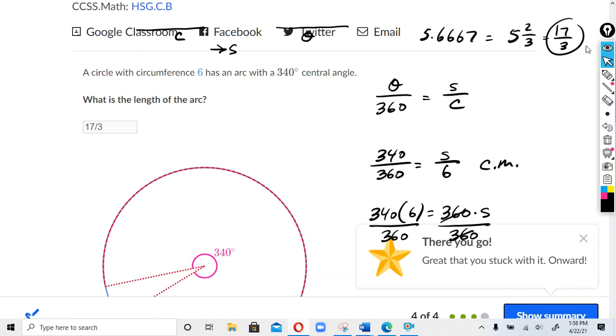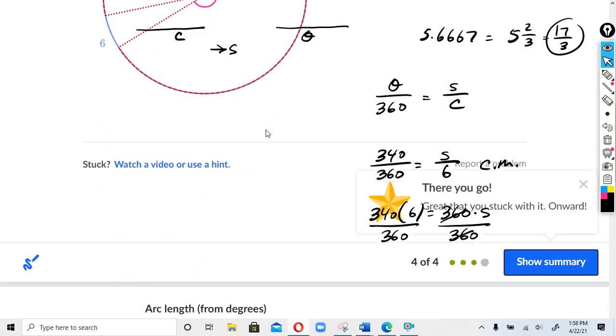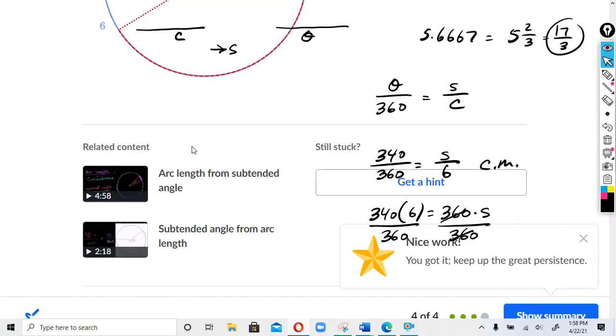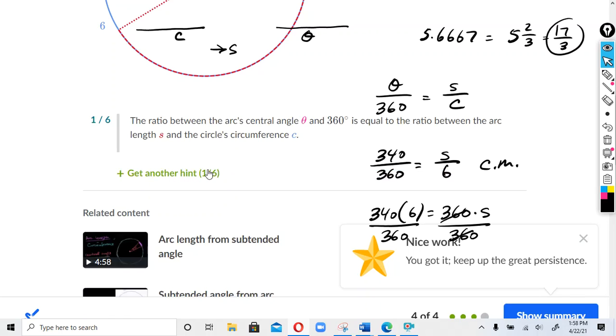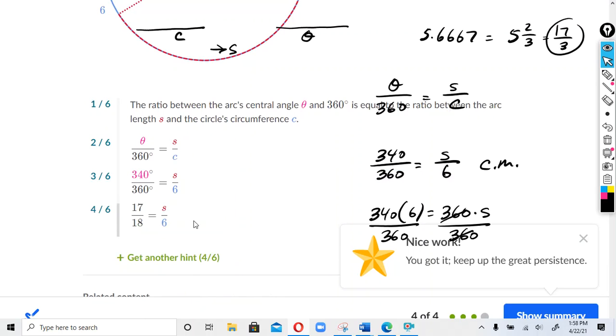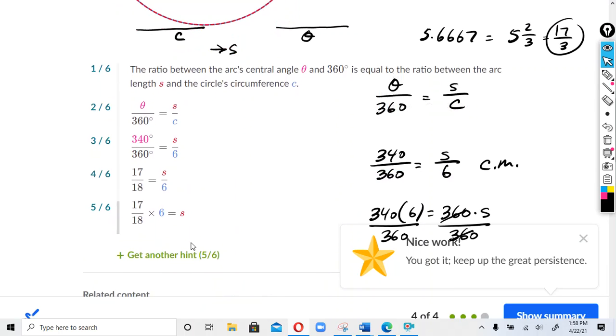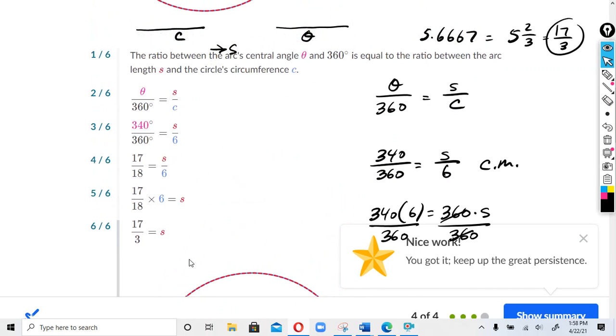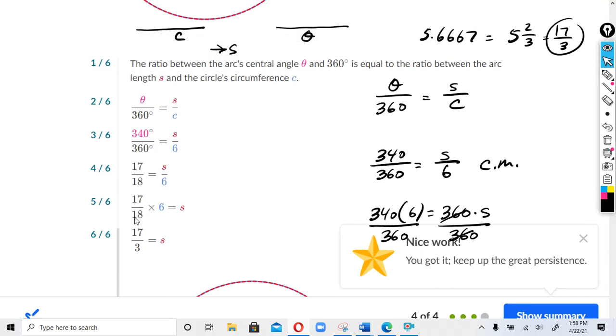Oh, man. So I guess some of them you have to make it a fraction. Let me see how they did that one. Okay, so they reduced the fraction.